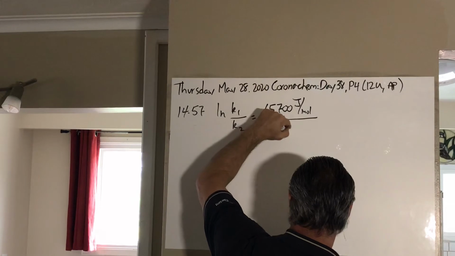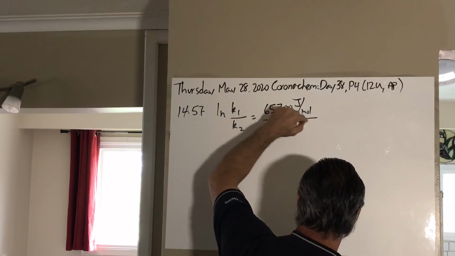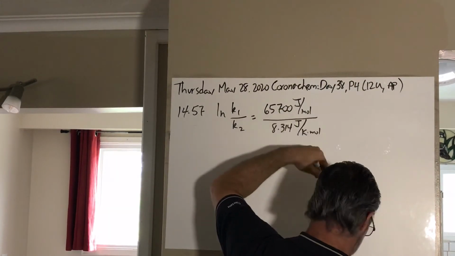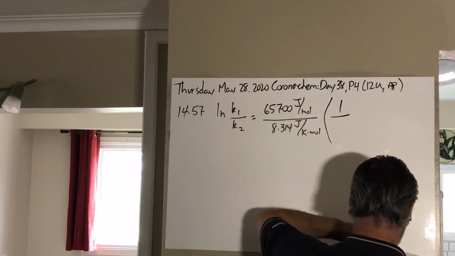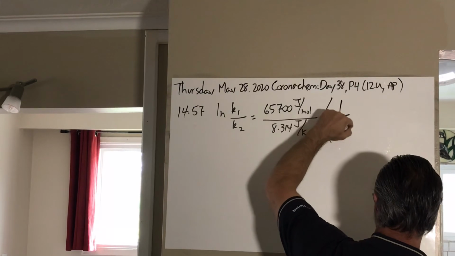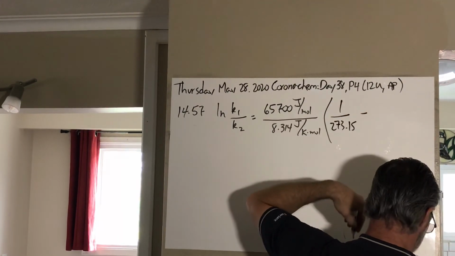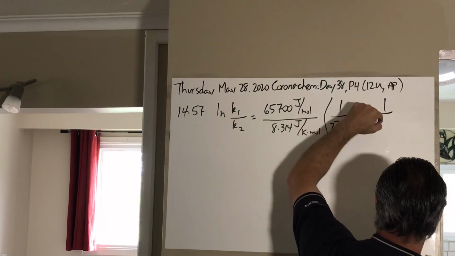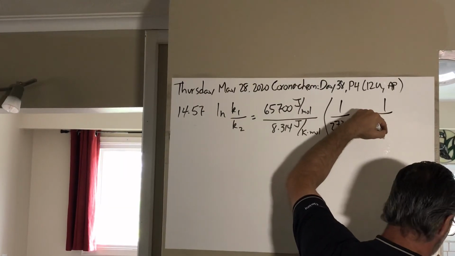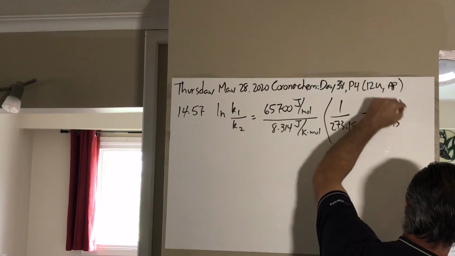And we used the gas constant 8.314 joules per Kelvin mole. Reciprocal temperatures have to be used, 273.15 represents 0, and 50 degrees Celsius is represented by 323.15.